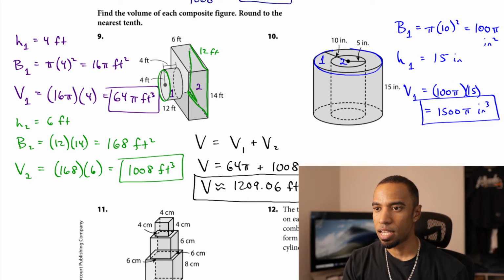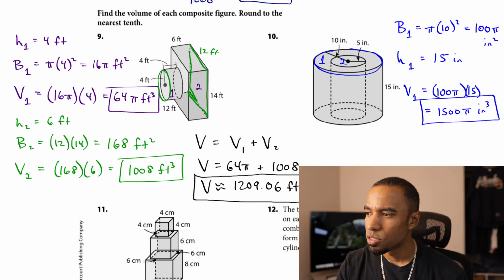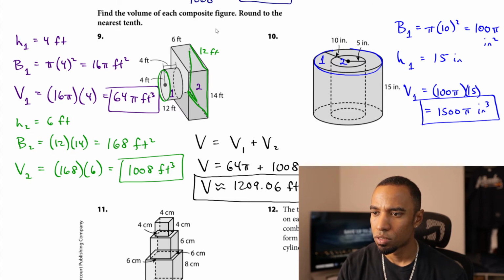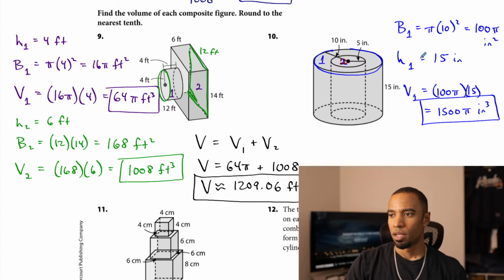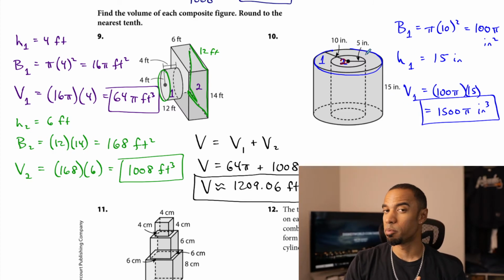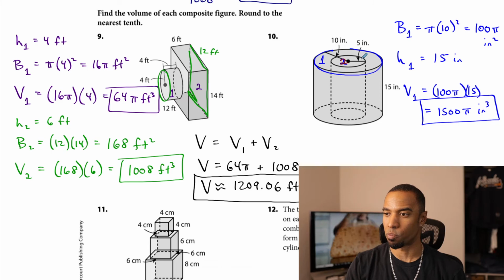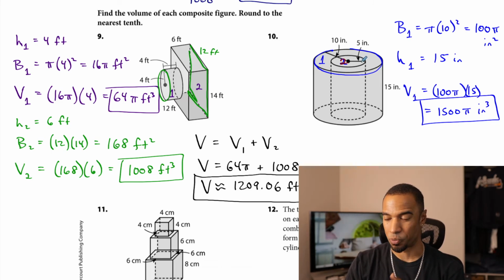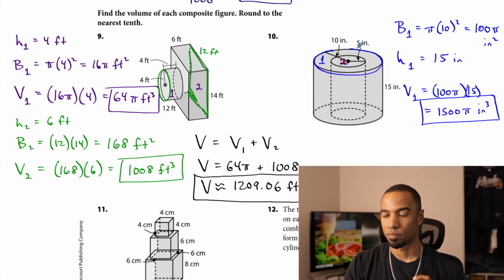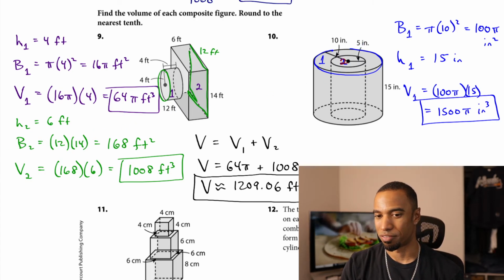All right, the second one, let's use that red. The inside one, now here's what some people might think. They might think because it's half the radius, it's going to be half the volume. Not true. It's actually going to be a quarter of it.